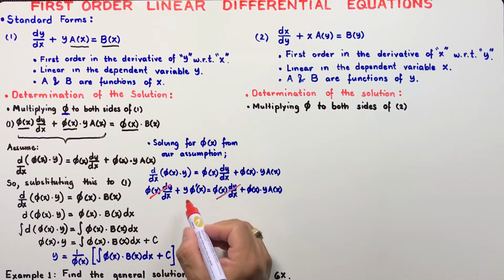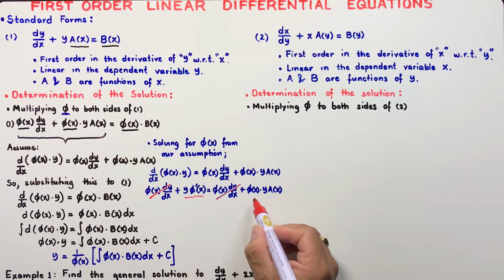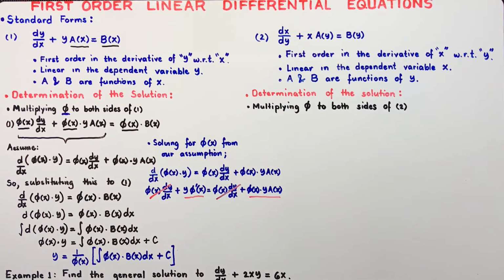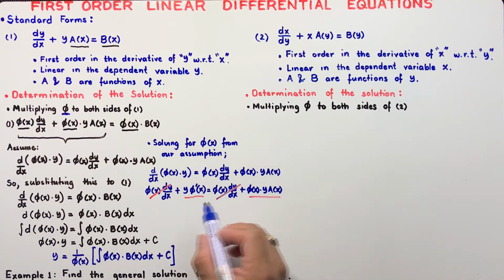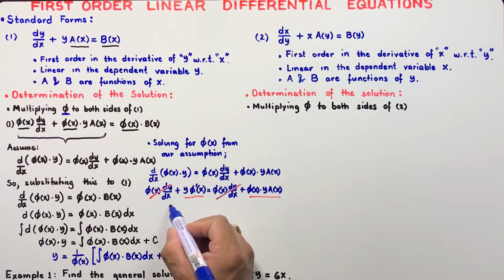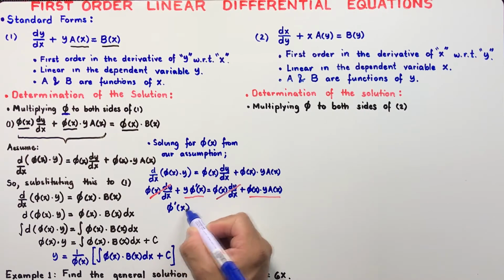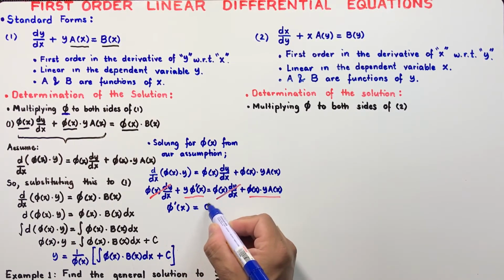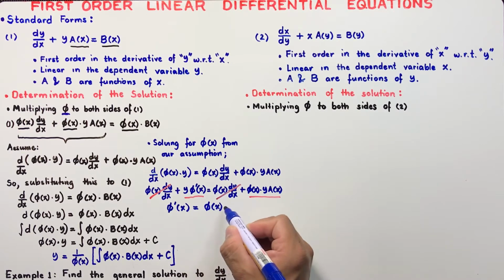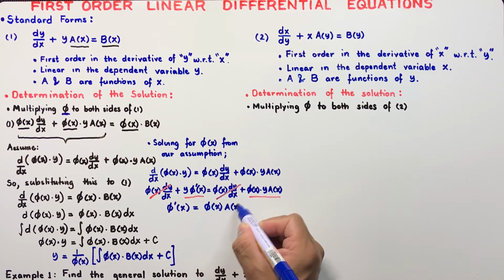And also this term with this term have a common factor, which is y. So you can divide both sides of the equation by y. So what remains is phi prime of x, which is equal to phi of x times a of x.